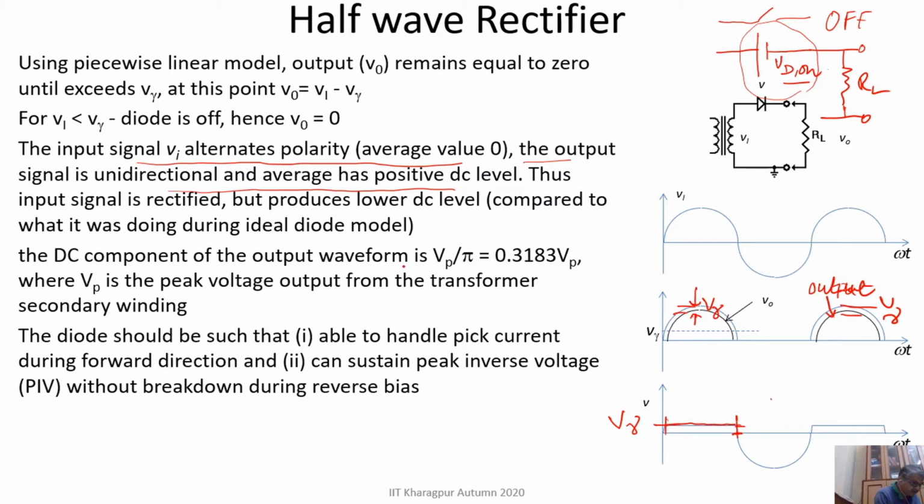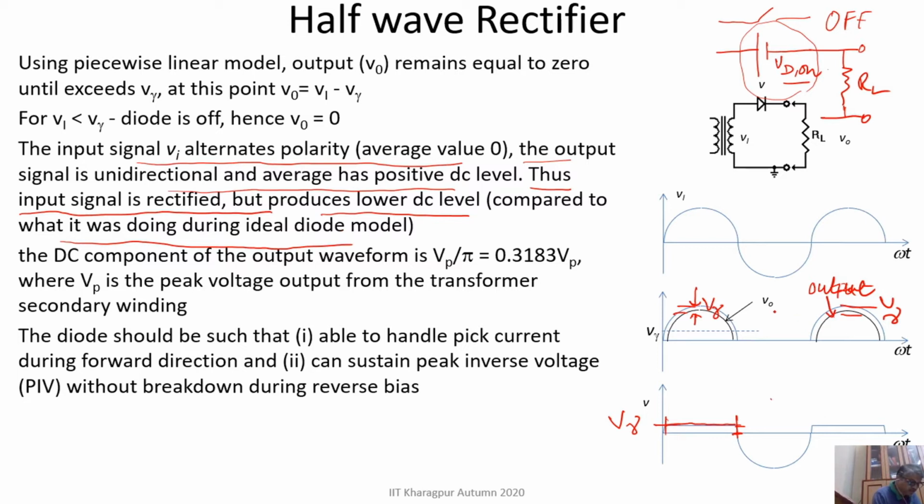Thus the input signal is basically rectified. That is what I mentioned in the last slide. The input signal is rectified, but it produces a lower DC level compared to the ideal diode model.